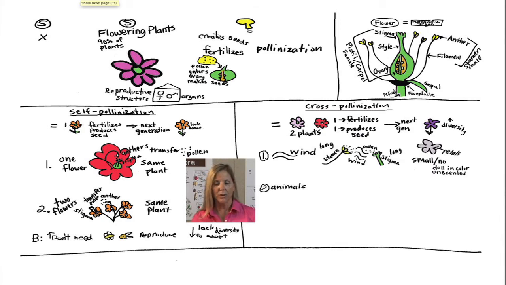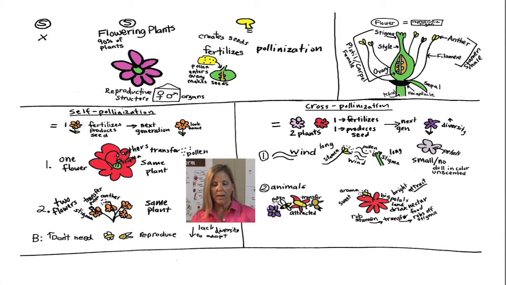Let's look at that. Here's our wind, showing how the wind blows a plant, the pollen flies through the air, and a long stigma from another flower is picking up that pollen in order to create seeds. Those plants, they don't need to have much smell or scent because they just rely on the wind. Let's look at the second type of cross-pollination.